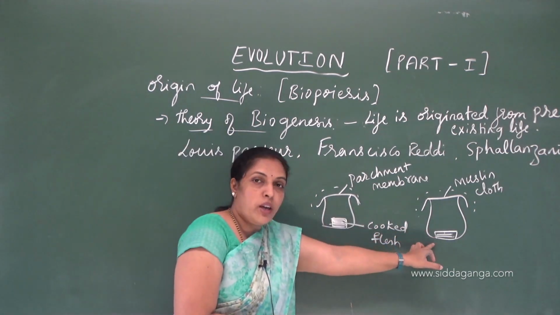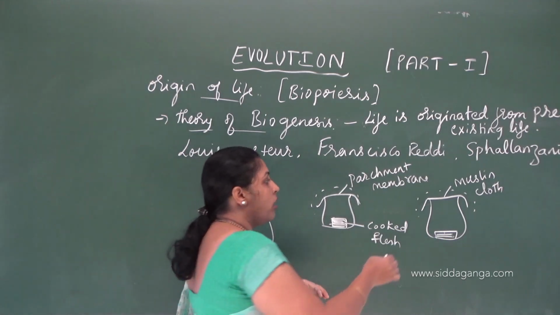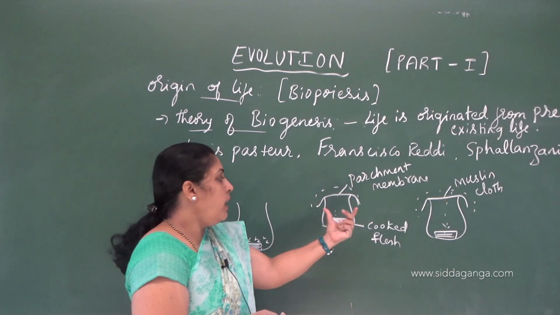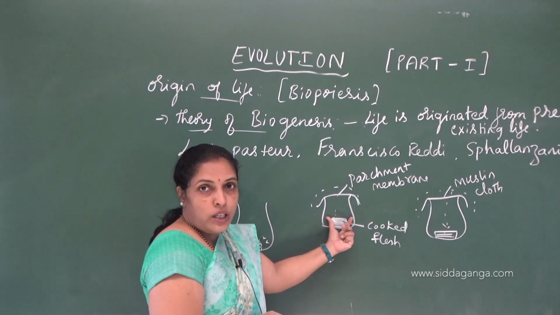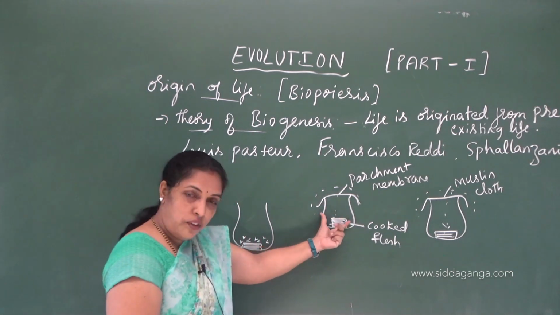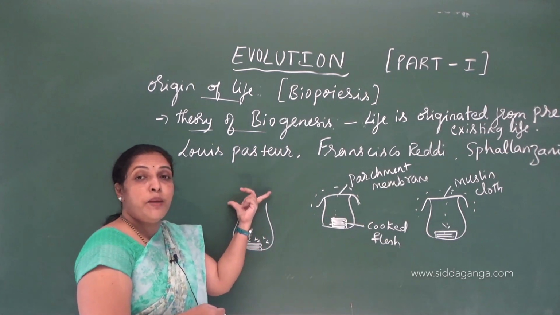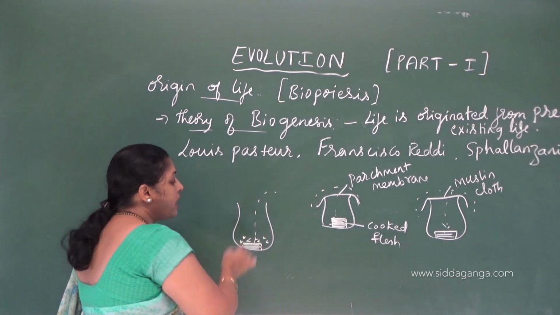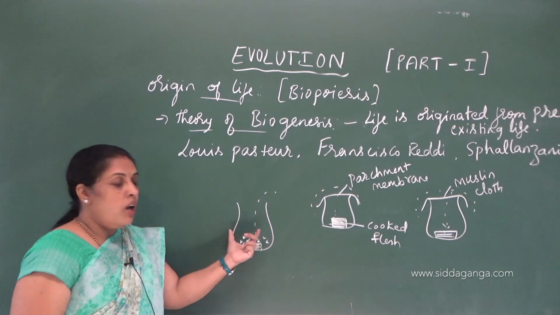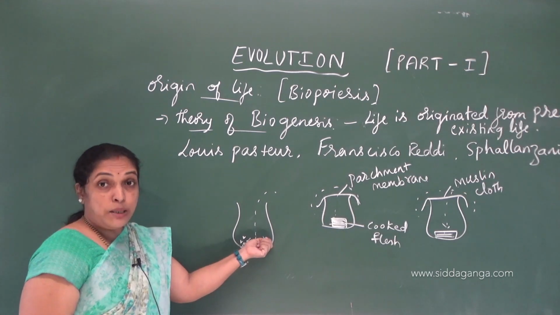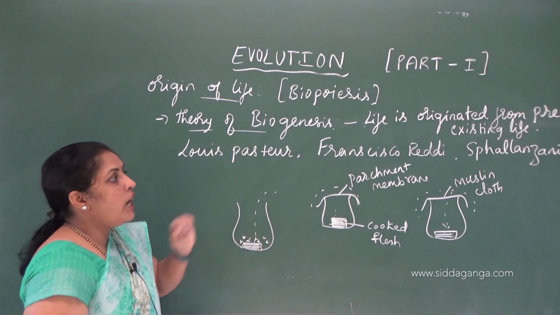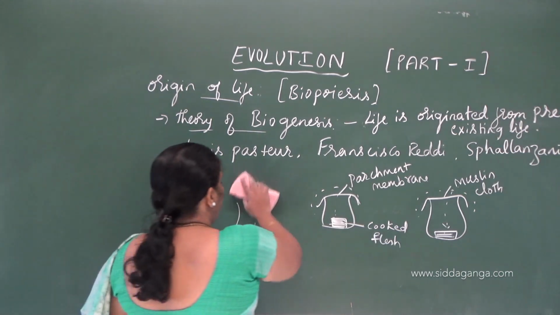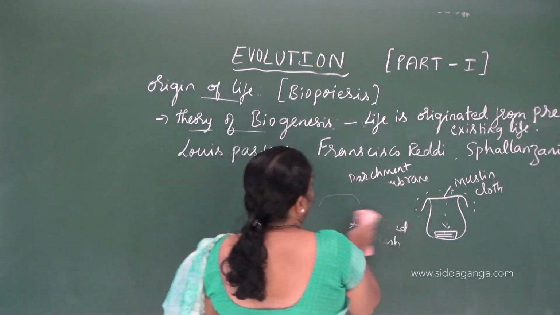As these two beakers were closed, they didn't allow the entry of flies, so the flies failed to lay eggs on the flesh. As this beaker was open, the flies were able to enter and lay eggs. That's why we saw fly larvae in this beaker. This proves the biogenesis theory, that life originates from pre-existing life.